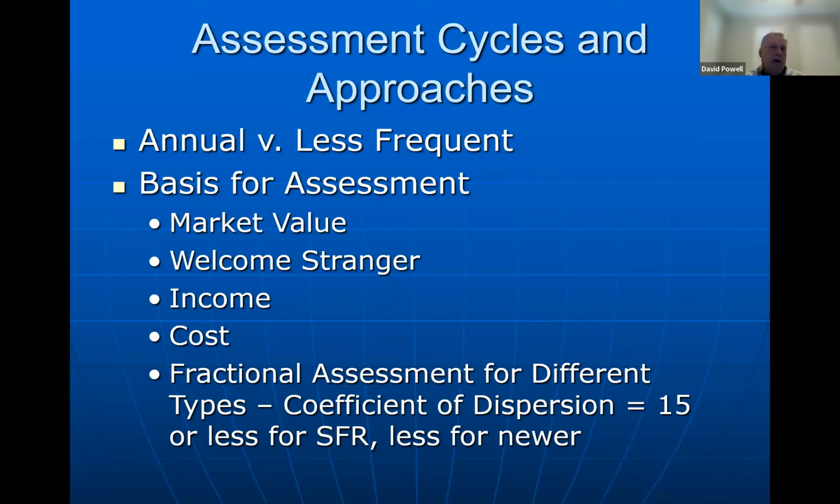Some states do what they call annual assessment. In an annual assessment, they will reassess the value of all the homes in their jurisdiction, all the property in their jurisdiction on that annual basis, so once per year. Some states are a little bit less frequent with it. There are some states that will reassess every 3 years, every 5 years, every 7 years. It really does depend upon the state.